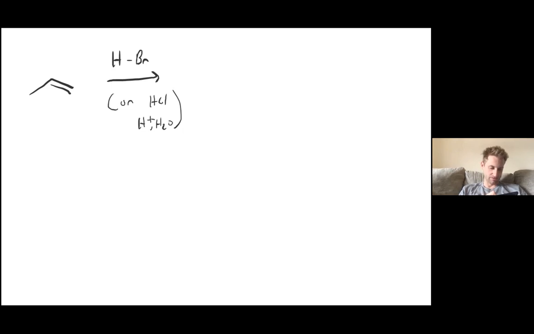So our double bond has electrons on it. You'll notice that every time in this class that we're drawing arrows, we're always starting with a place that has electrons, going to somewhere that does not. So the double bond is made up of two electrons. It's going to come and attack this proton, kicking out the electrons from this bond to our Br here. There are hypothetically two different possibilities that could happen.